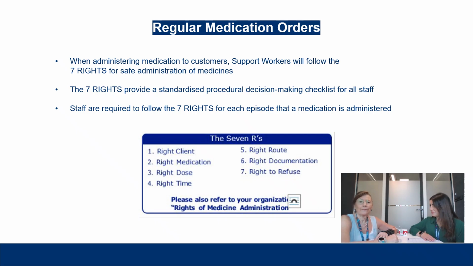So, let's go through and shout out some of the 7 R's for me. Right route. Right name. Right medication. Right dose. Right time. Right to refuse. And right documentation.